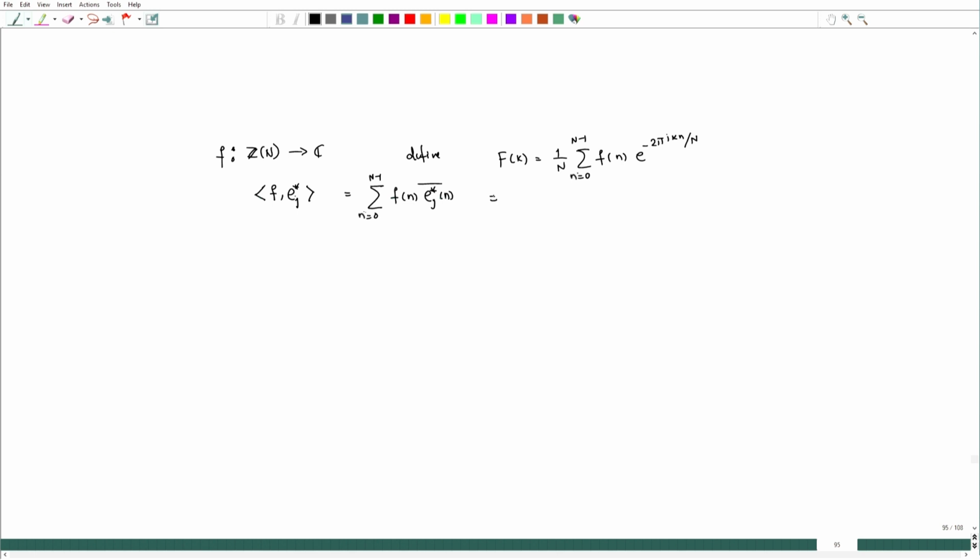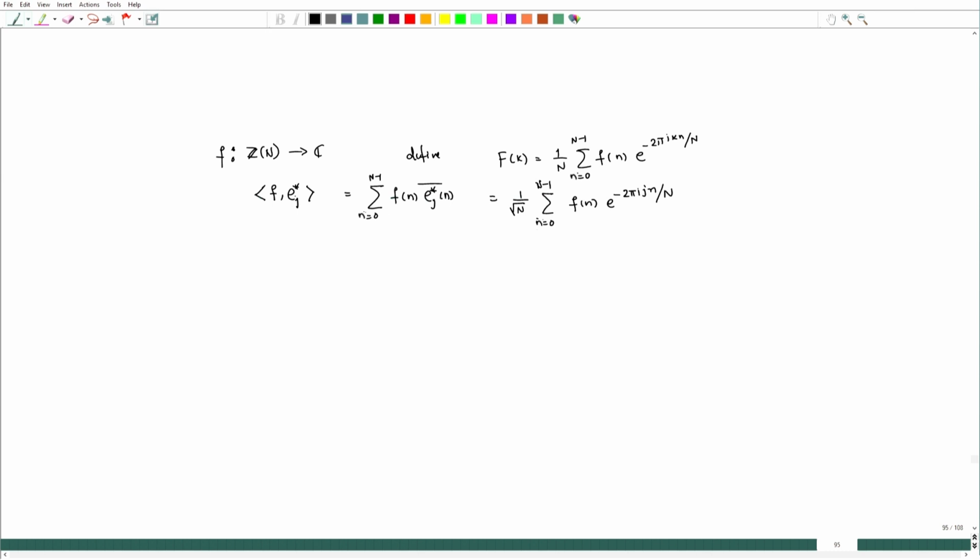This is equal to 1 by square root of N times the summation over n from 0 to N minus 1 of f of n e to the power minus 2 pi i j n by N.